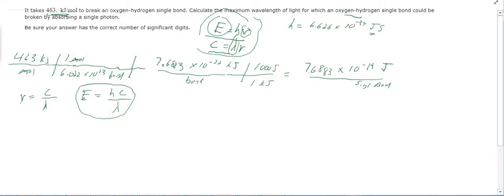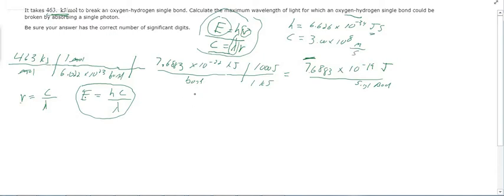In fact, you can use this equation many different times. As I look at that, I calculated E, that's this value over here. And I know Planck's constant. I know the speed of light, c equals 3.00 times 10 to the 8th meters per second.